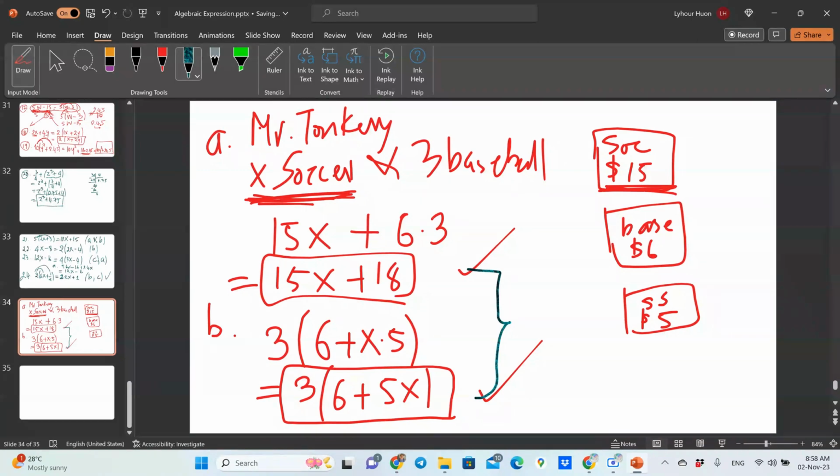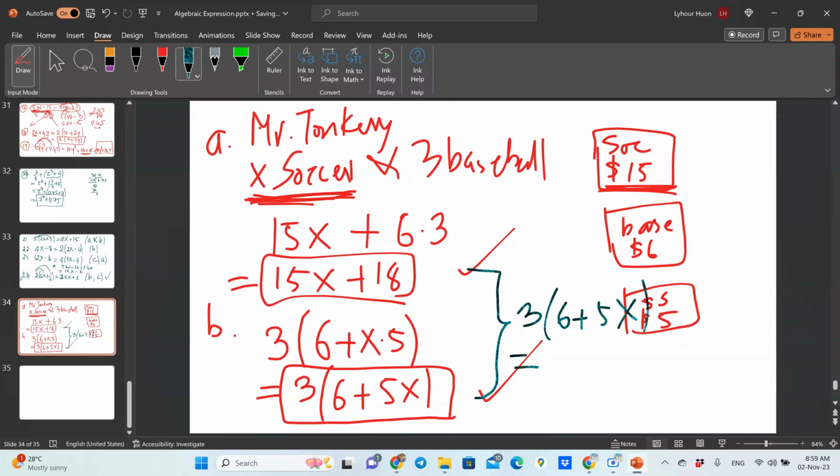Yes, because they're just the same numbers, essentially. Yes, because we do the distributive property, right? So we have three times six plus 5x.